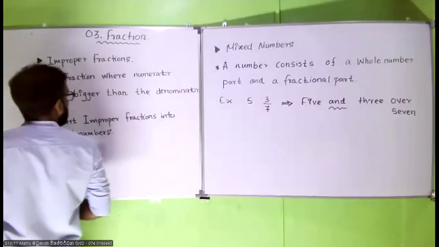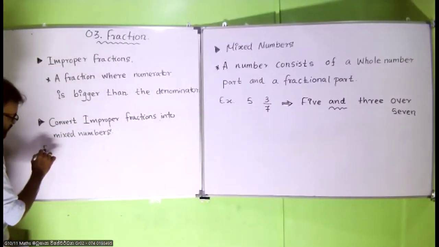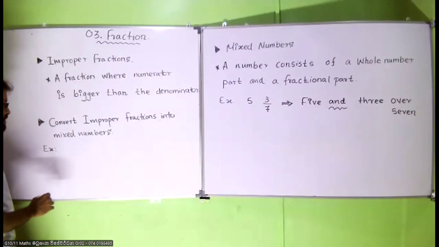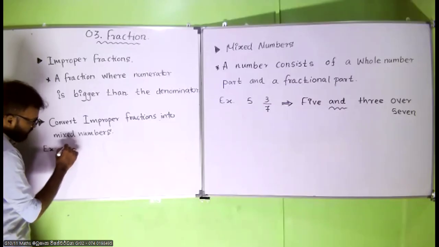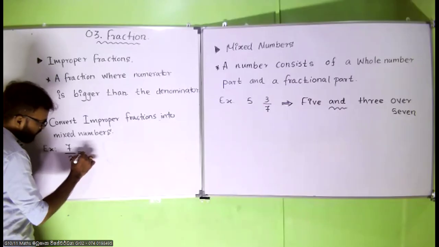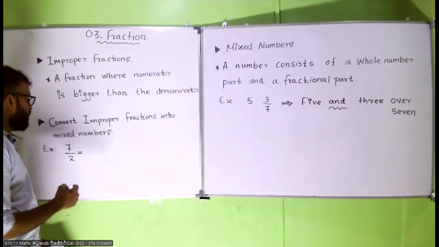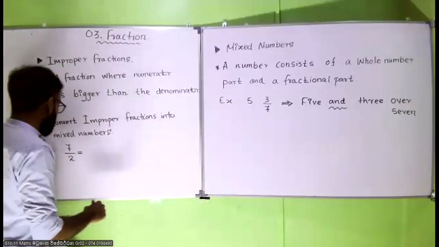Right. Okay. So, for an example, you know how to do this, huh? First of all, I will take 7 upon 2. How to convert this into a mixed number? You know that. Right?